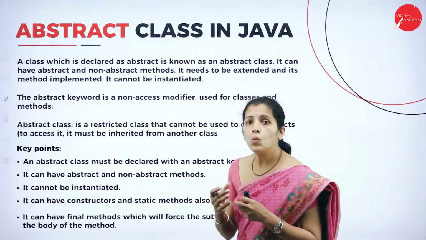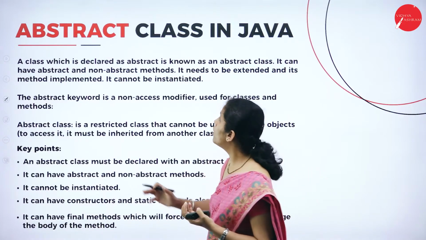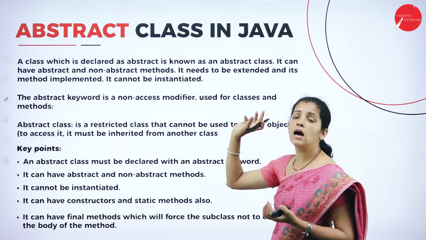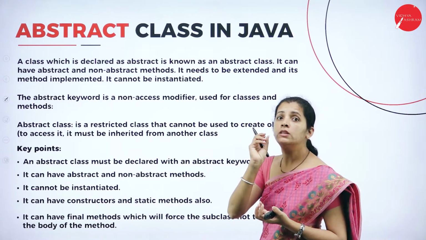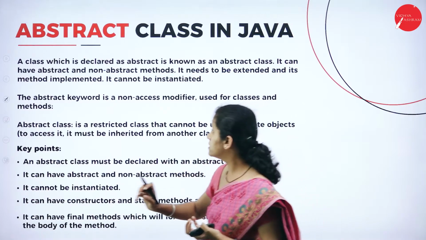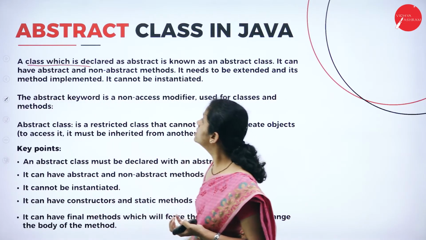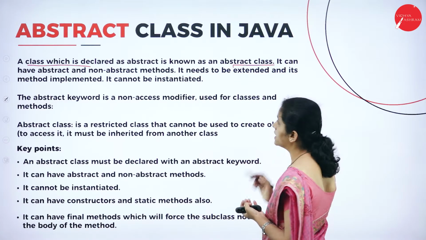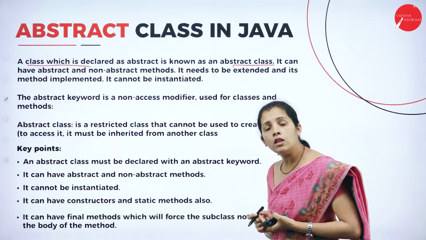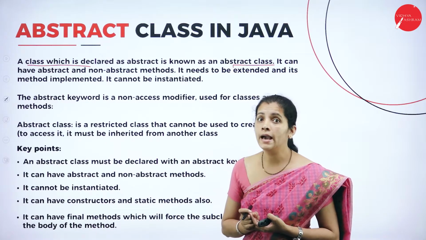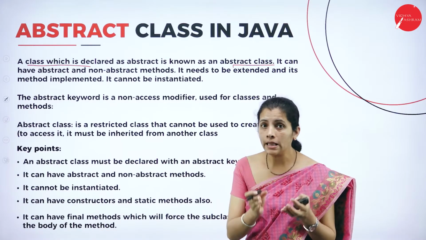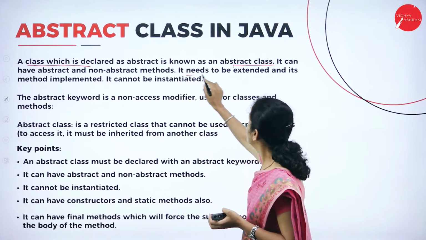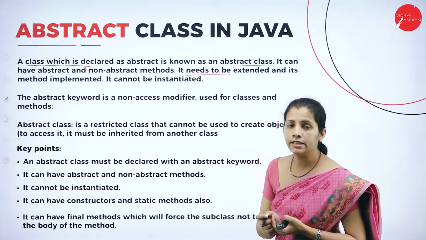Moving further, once again, let me recall what an abstract class is. An abstract class must include the keyword abstract. So a class which is declared as abstract is known as an abstract class, and an abstract class may have abstract or non-abstract methods and needs to be extended.